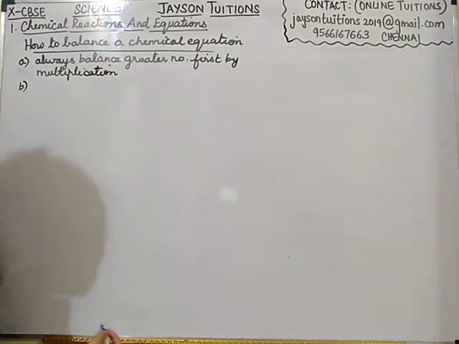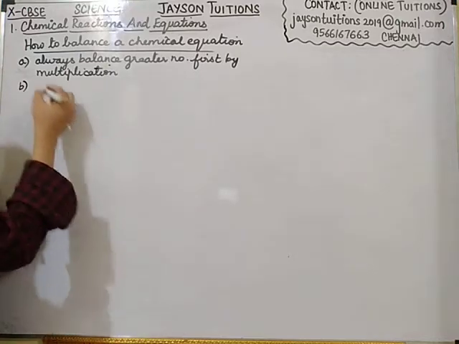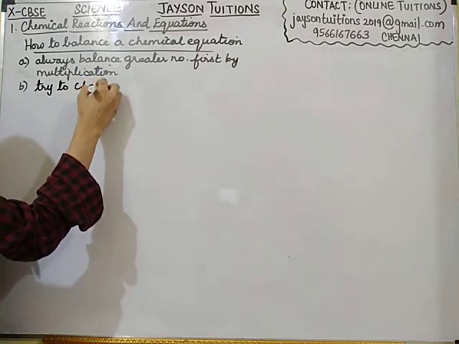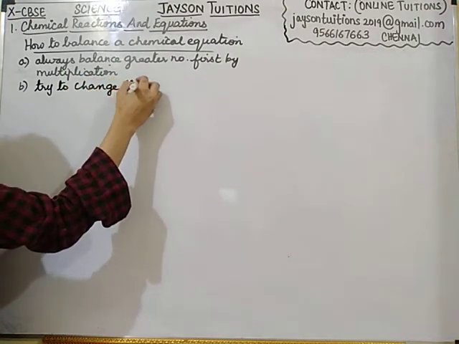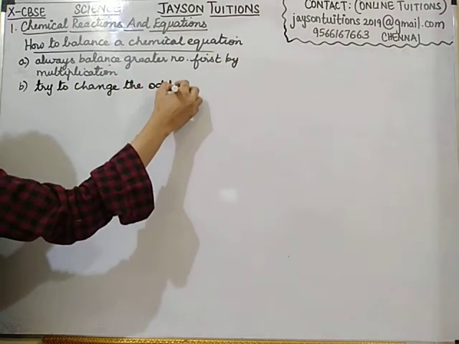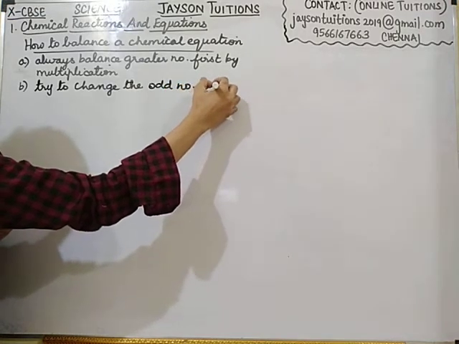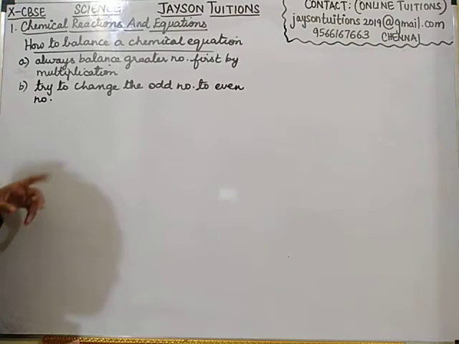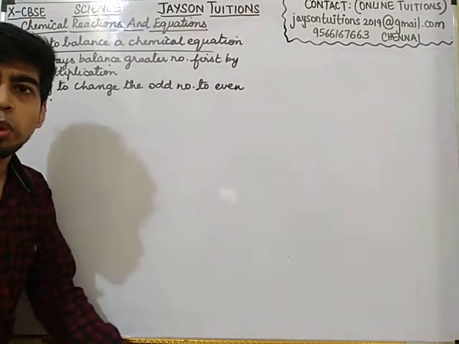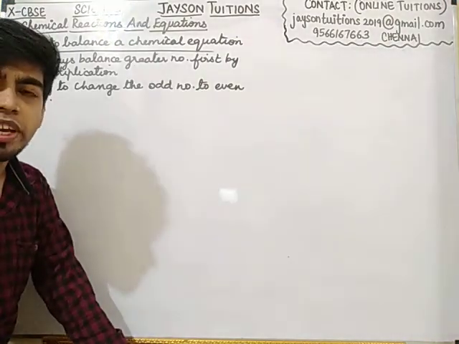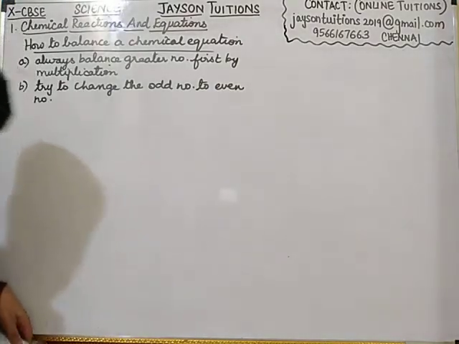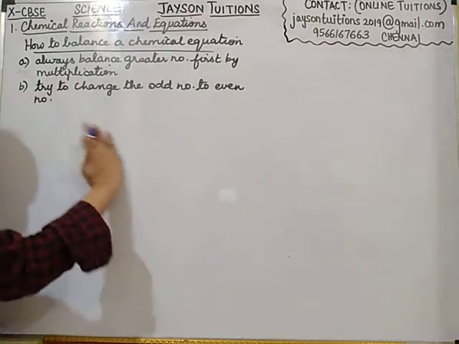Next one, suppose you are not able to balance any number by multiplication, try to change the odd number into even number. If you keep these two tricks in your mind, it is very easy to balance the chemical equation. So first we will do some example sums.